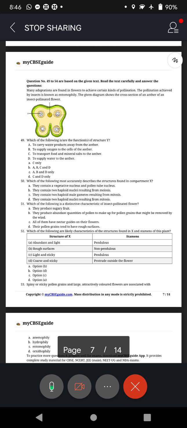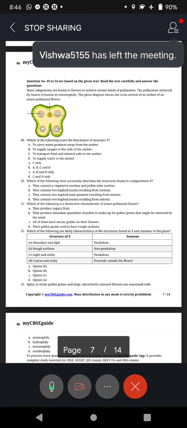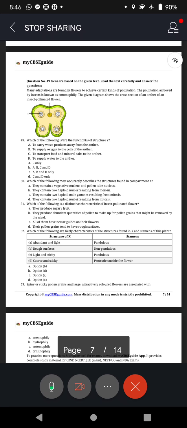We move on to question number 51. Which of the following is a distinctive characteristic of insect pollinated flower? I'll read again. Which of the following is a distinctive characteristic of insect pollinated flower? A. They produce sugary fruit.